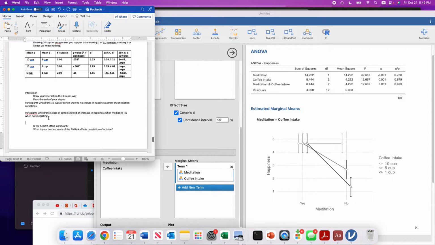The English language can do that to you, right? Participants. I'll fix that wording there. And then participants who drank 1 cup of coffee showed an increase in happiness when meditating. All I did was describe these 3 lines.